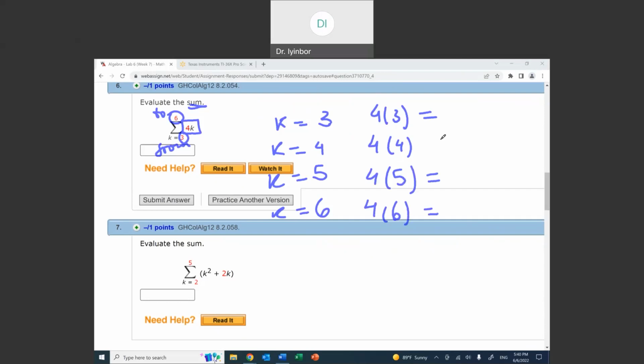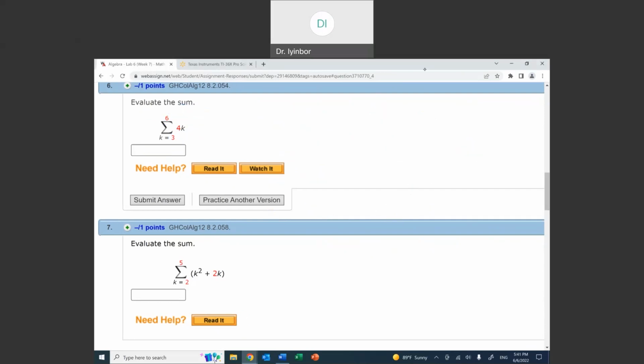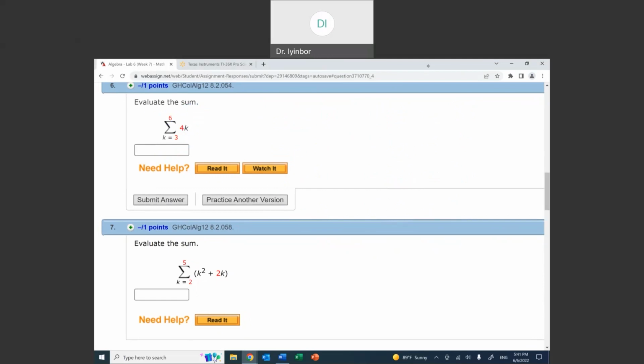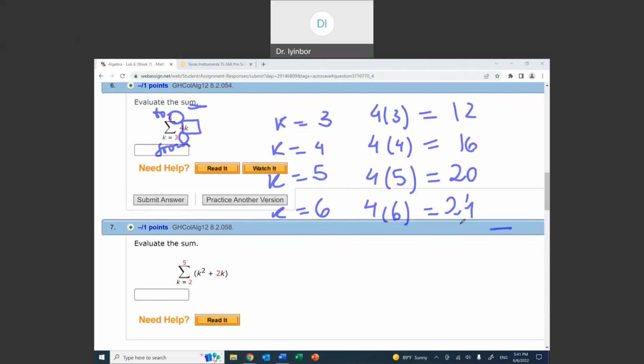You add 12 and 16 and 20 and 24. And then when you add those numbers, what do you have? 72. I get 72. Let's see.